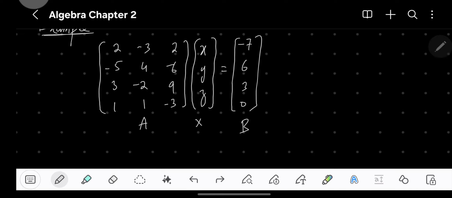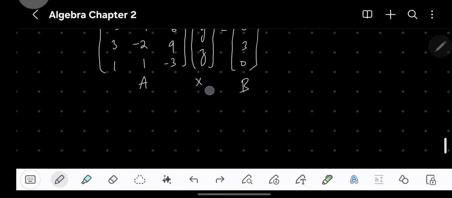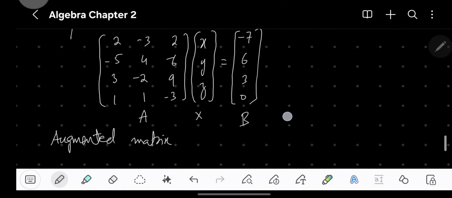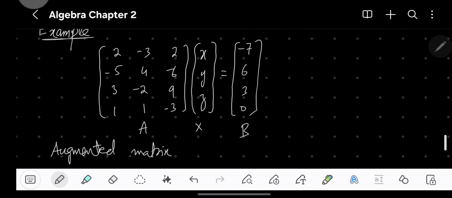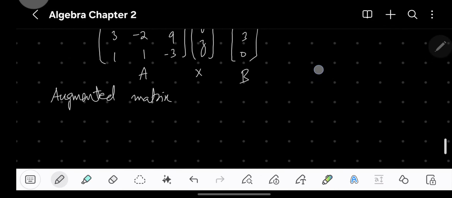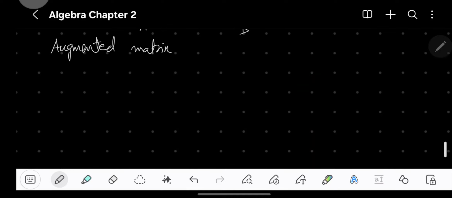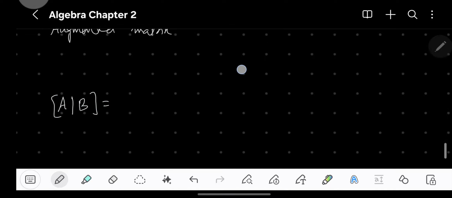What we have to do is find an augmented matrix. So what is an augmented matrix? Whenever we have a system of equations in matrix form, we have to find an augmented matrix. It is A, line, B in matrix form.